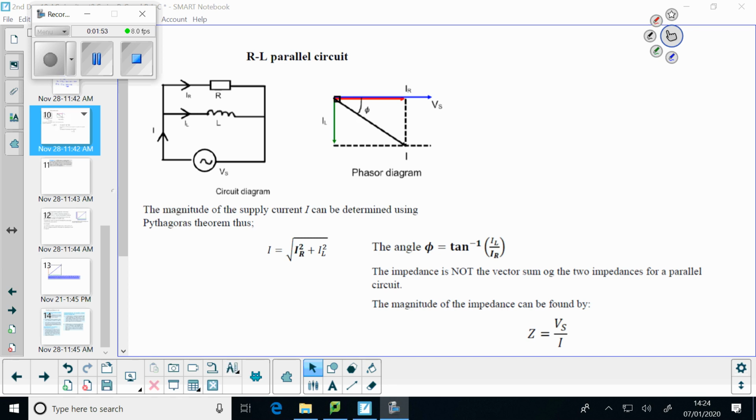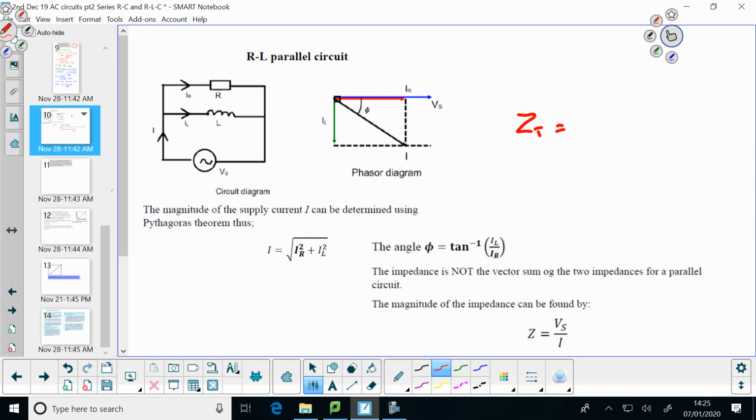One thing you have to be careful of here is that the total impedance for that circuit is not the vector sum of the two separate impedances, because they're in parallel. Remember, to do parallel, we would have to do ZR times ZL over ZR plus ZL.